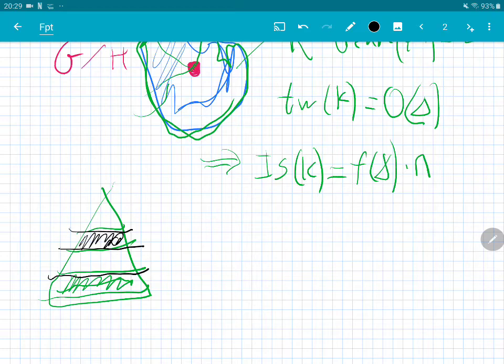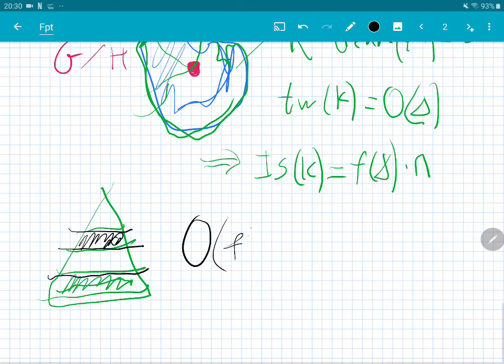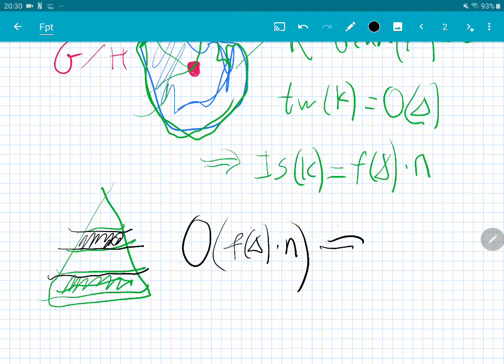Overall, clearly the running time we get is going to be some horrible function of delta, some f of delta, I don't even care exactly what, times n. We have to do it for each piece, so overall the running time is going to be like that.